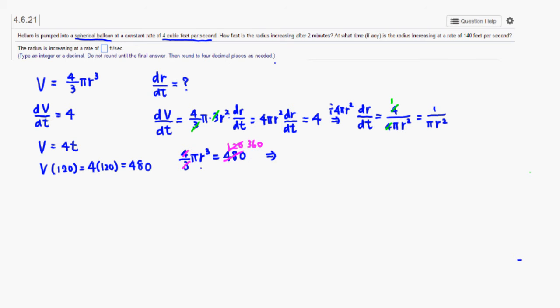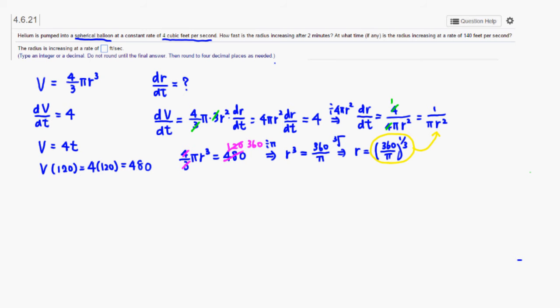Divide through by pi to get r cubed, which is 360 over pi. Then take the cube root of both sides, so r at that time is 360 over pi to the 1/3 power.